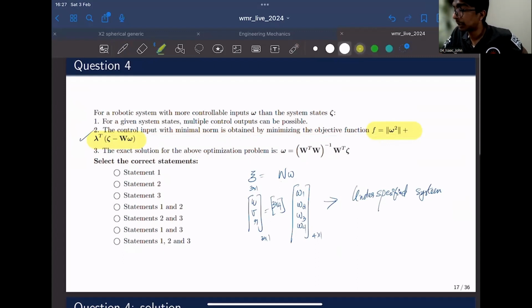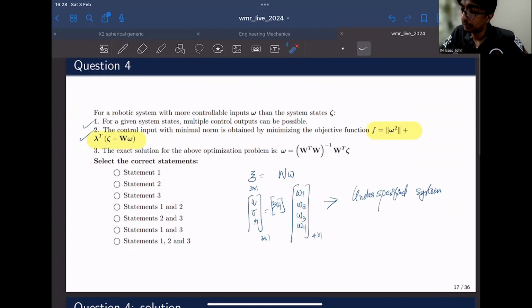Then what else can we say about an underspecified system? Statement 1 is also correct, right? For a given system state, multiple control inputs can be possible. If you have a desired UVR, if this is a desired parameter and you want the system to achieve it, there could be multiple combinations or vectors W1, W2, W3, W4 that can be realizable, but out of which we prefer the vector that gives you the least norm.